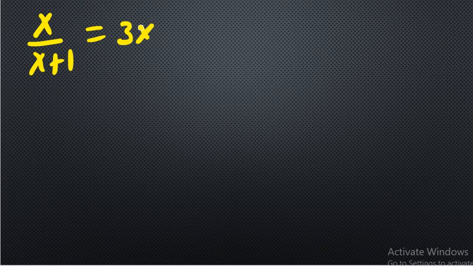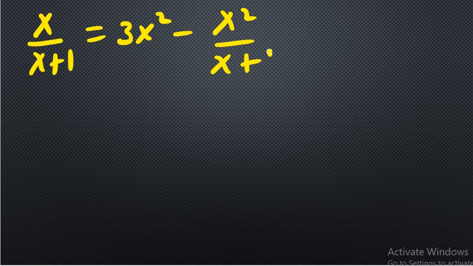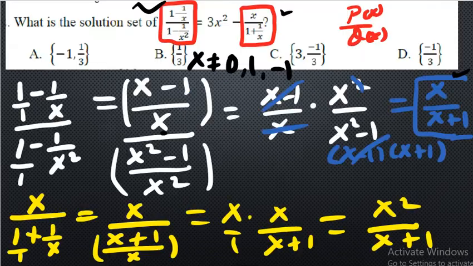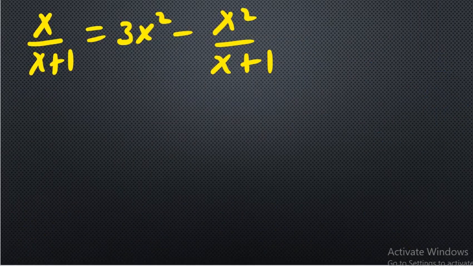Okay, so as we said before, x over x plus 1 is equal to 3x squared minus the last part we said already, x squared over x plus 1. We can check. Here it is. The first part already x over x plus 1 is equal to 3x squared minus, and the last one x squared over x plus 1.